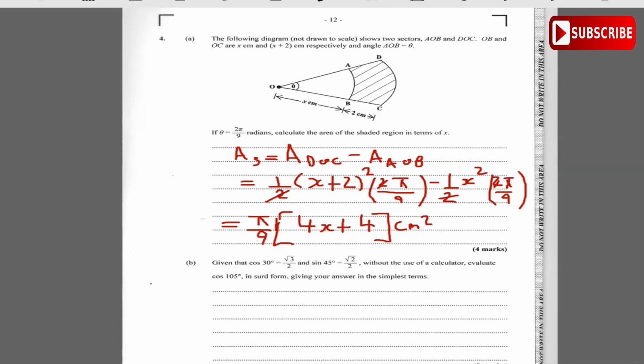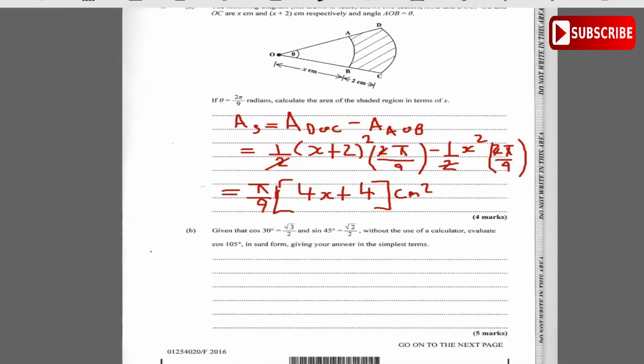Part B says, given that cos of 30 is root 3 over 2 and the sine of 45 is root 2 over 2, evaluate the cosine of 105 degrees. Now, they give us 30 and they give us 45, but they don't give us the important one, which is 60. You see what I'm saying?